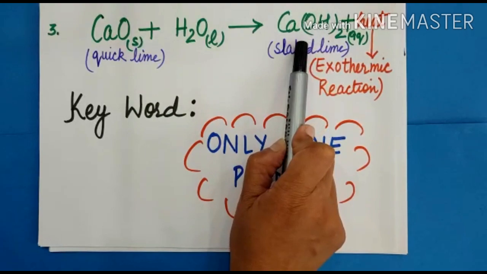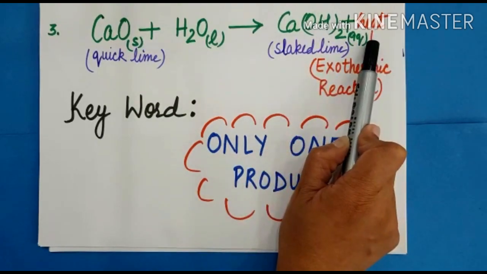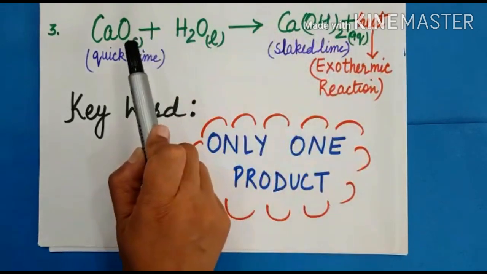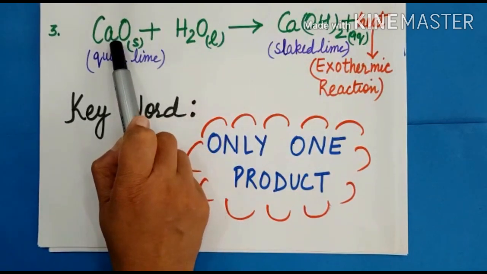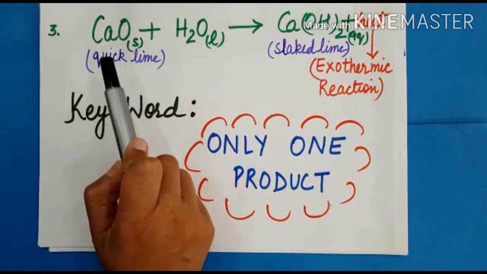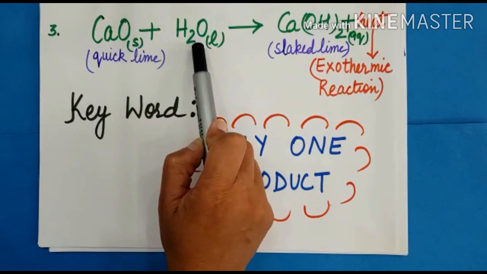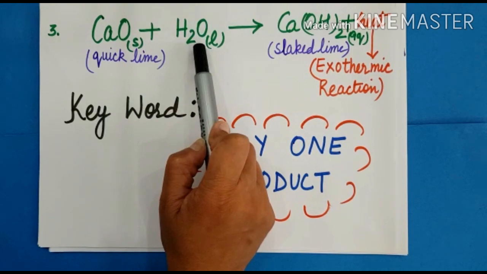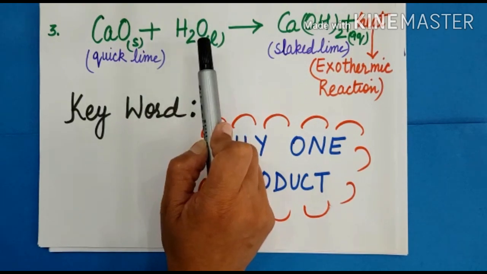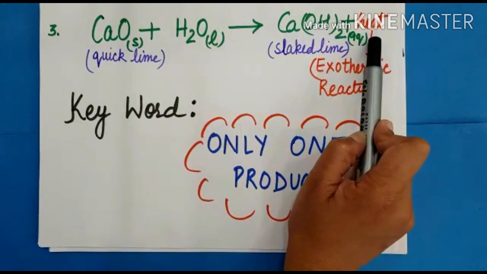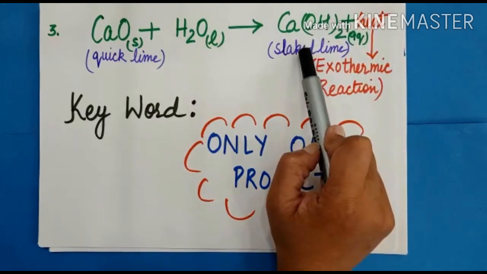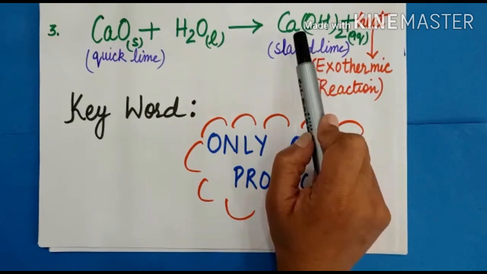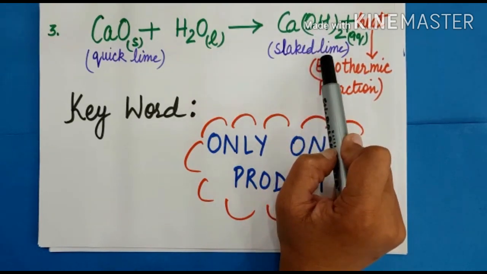In this reaction, a lot of heat is released, because if we take quicklime, the common name of calcium oxide is quicklime, and water in a container, then after some time we observe that the container becomes hot. So it proved that in this reaction a lot of heat is released and slaked lime is formed. The common name of this calcium hydroxide is slaked lime.